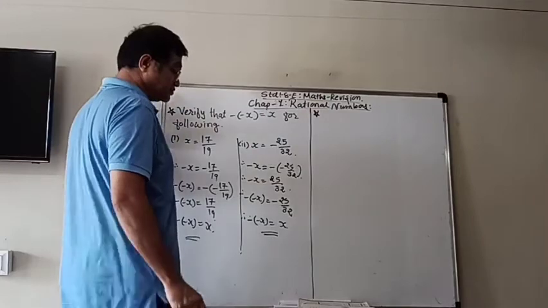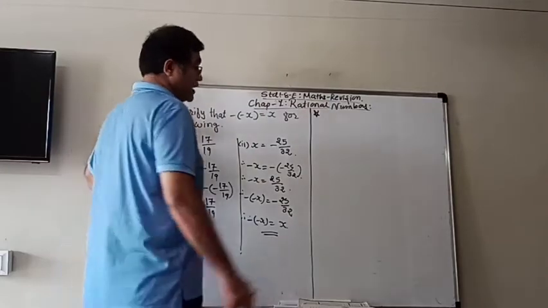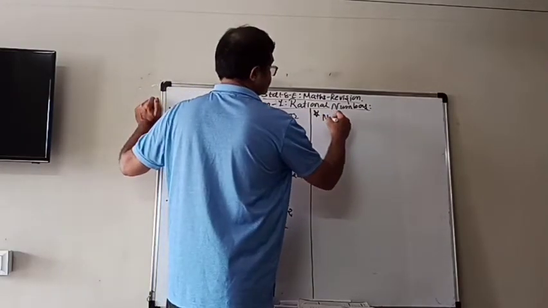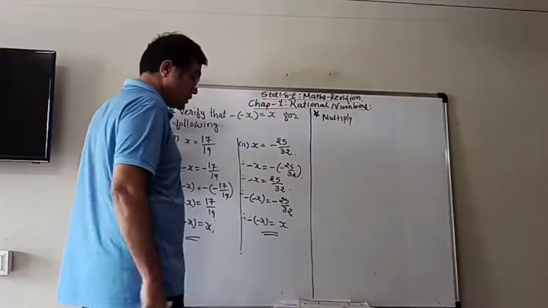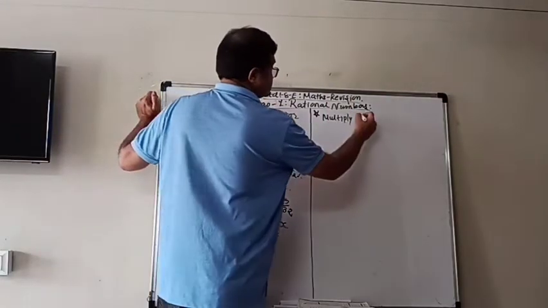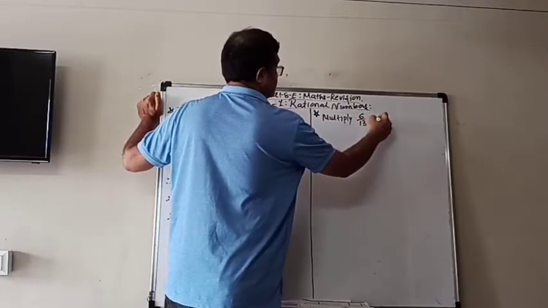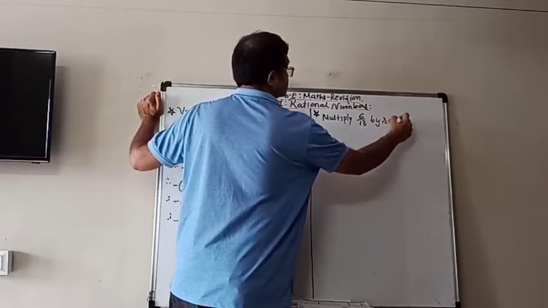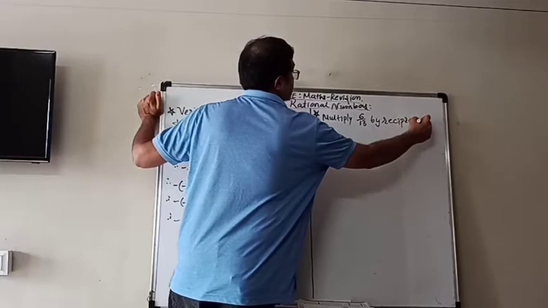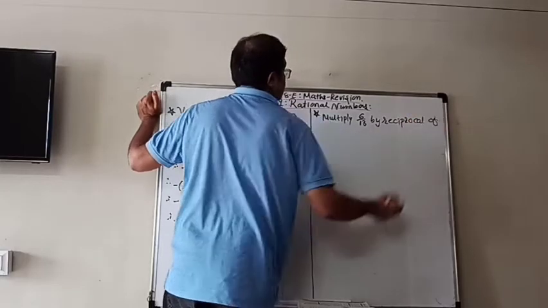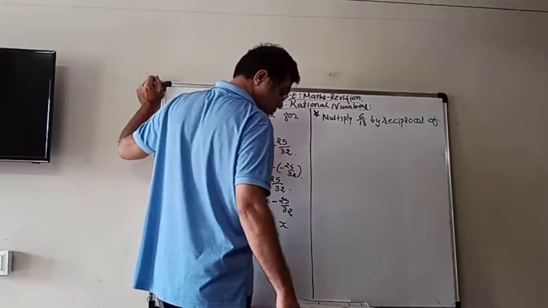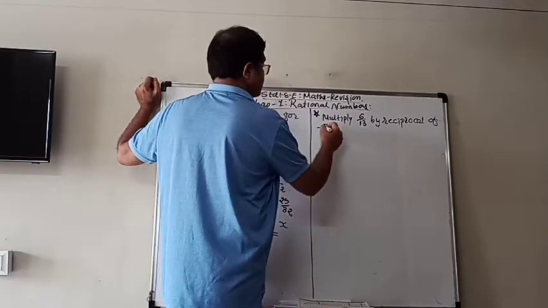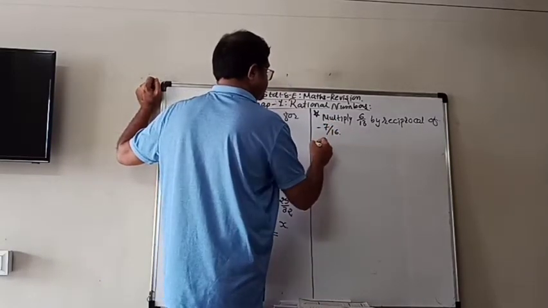Now let's do some different type. Multiply six upon 13 by the reciprocal of minus 7 upon 16.